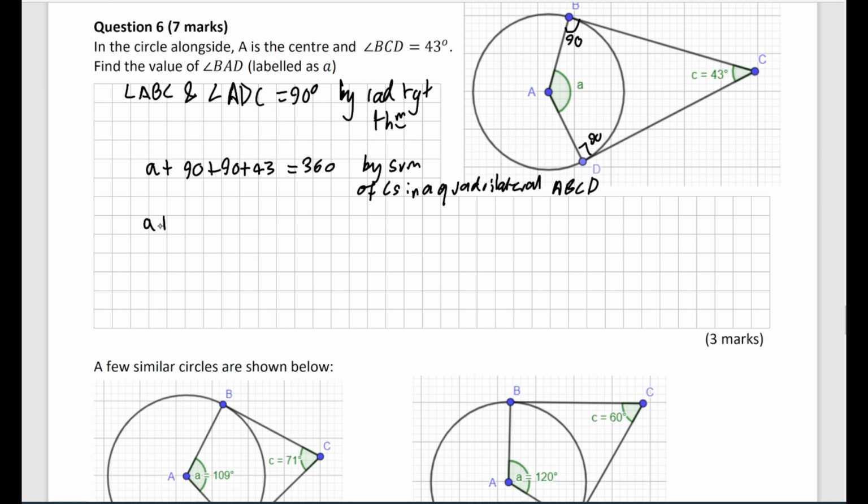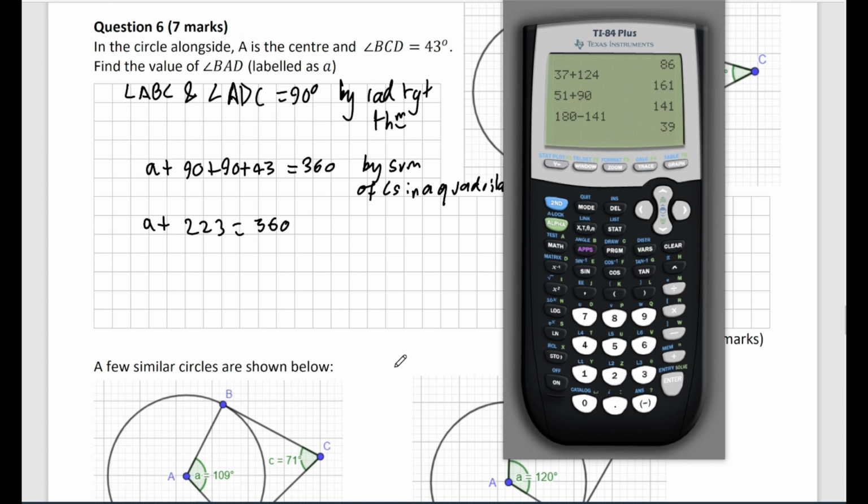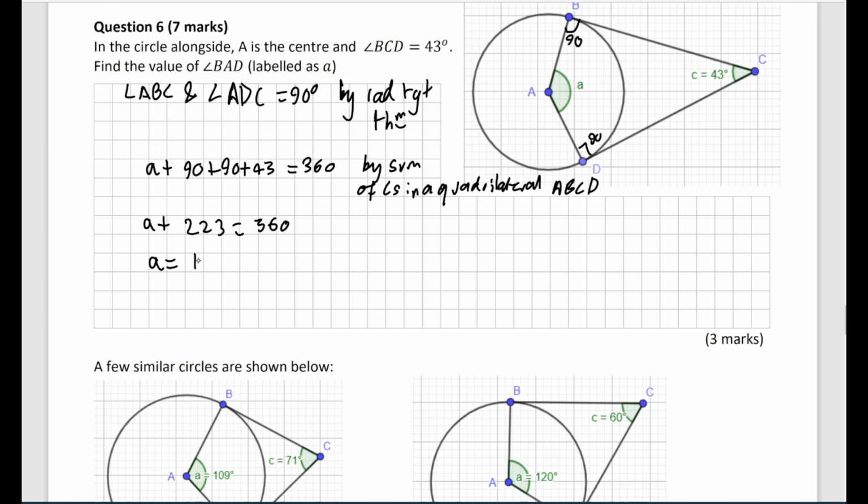So A plus 223 equals 360. Okay, so let's see. 360 take 223. 137. Beautiful.